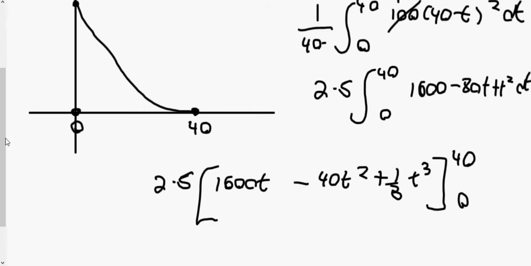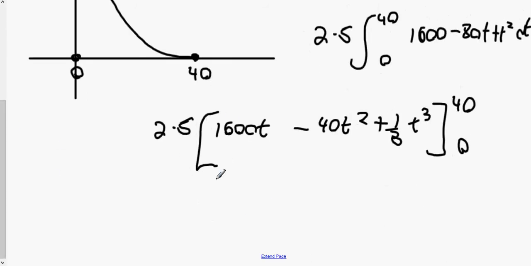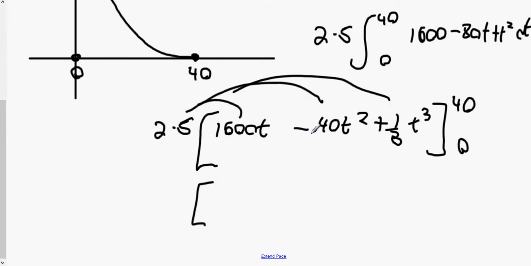Okay, what I'm going to do next is multiply everything in here by 2.5, just to get rid of that 2.5 so I don't have to deal with it later on. So you're going to get 4000t, because that's 2.5 times 1600.